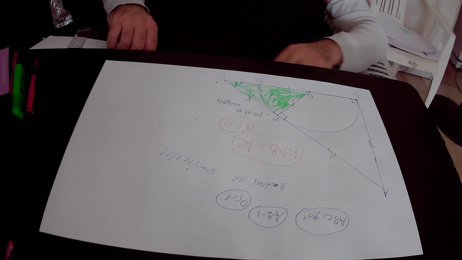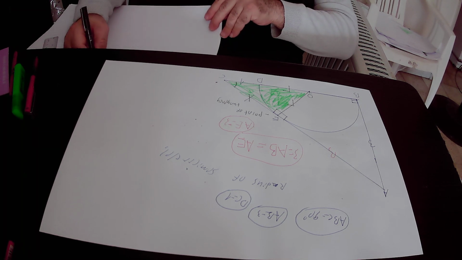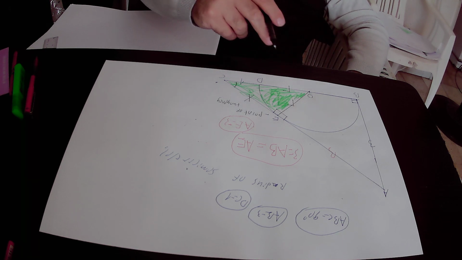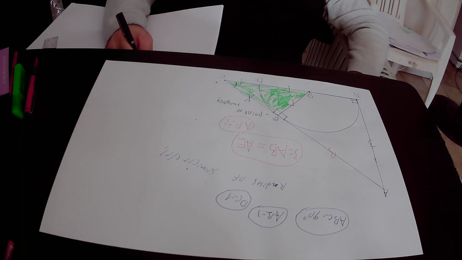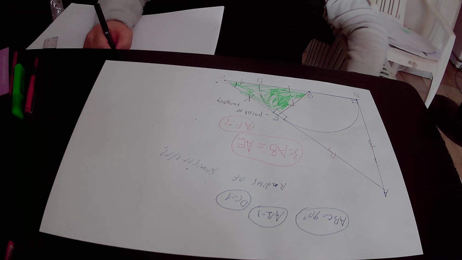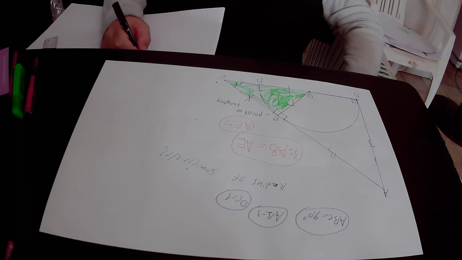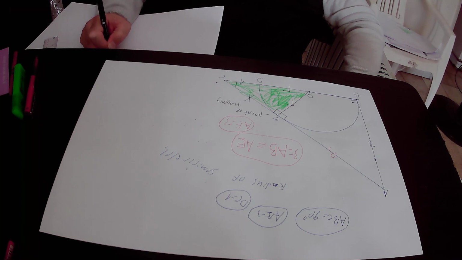So therefore we actually proved that triangle ABC is similar to triangle OEC, according to the angle similarity rule.